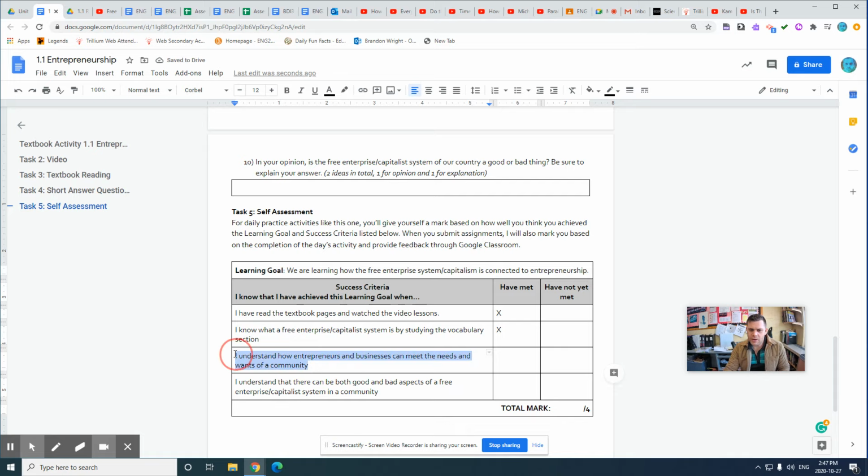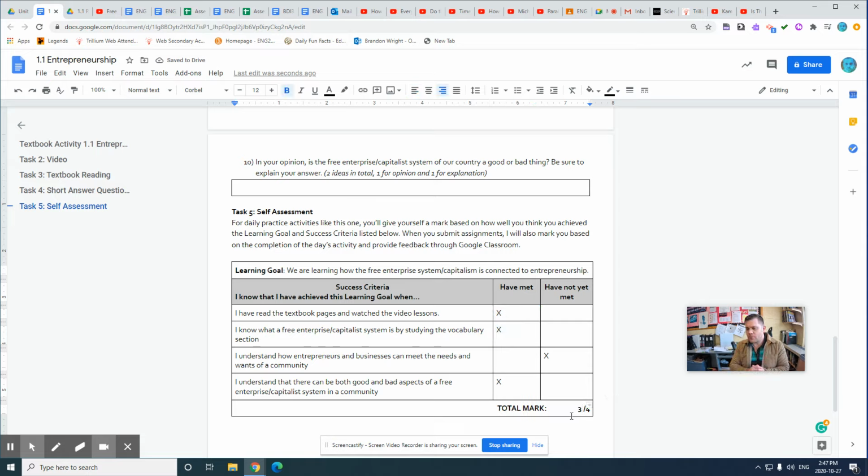If you understand how entrepreneurs and businesses can meet the needs and wants of a community. If you don't get that, or you're not quite there, be honest with yourself and put an X there. I understand that there can be both good and bad aspects of a free enterprise or capitalist system in a community. So I got 3 X's and have met. So I give myself a 3 out of 4.